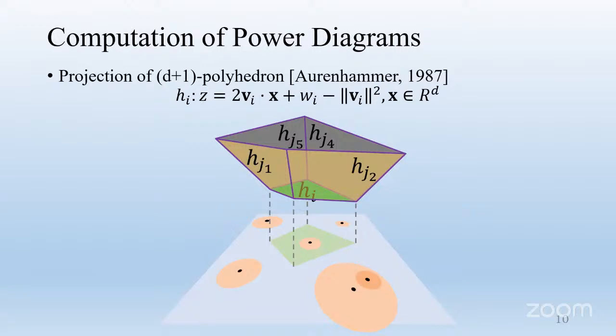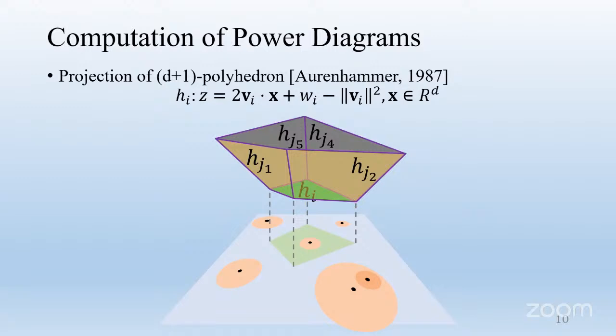So only few methods are available to compute power diagrams of general cases. Aurenhammer found that each weighted seed can be mapped to a hyperplane in the higher dimensional space. The intersection of the half spaces above these hyperplanes is a polyhedron.